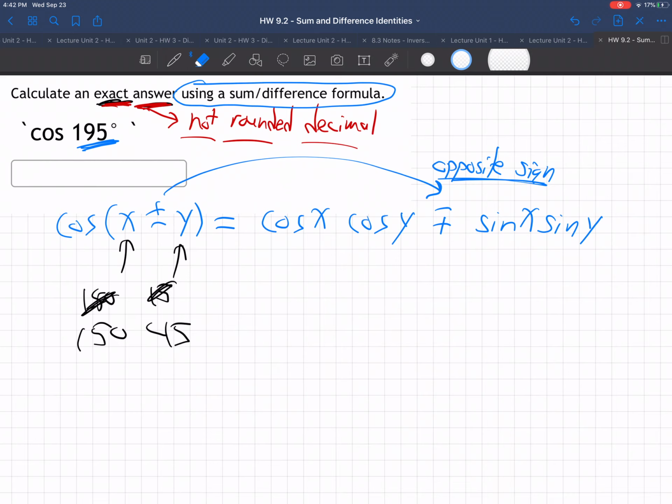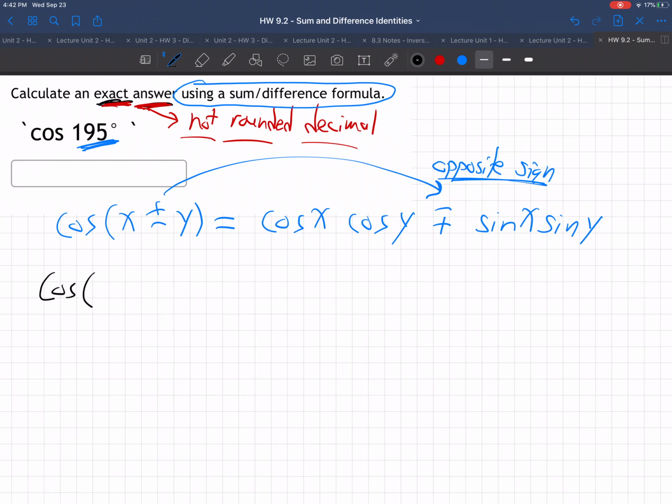That's one good way. You could probably also do a subtraction, I guess. I can't think of it off the top of my head, but I'm sure there's other ways to do it. So I'm going to do cosine of 150 degrees plus 45 degrees. X is going to be 150.